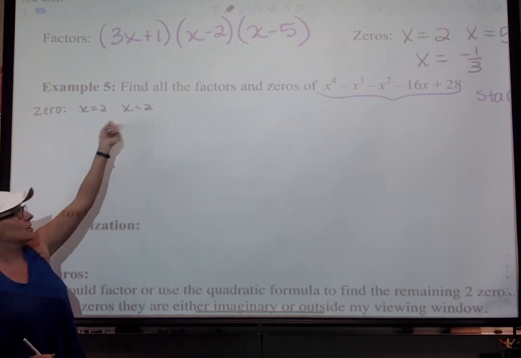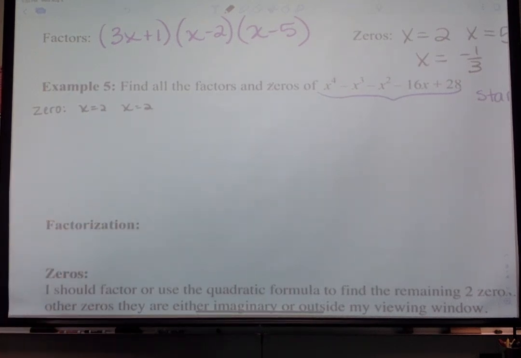So grab a 0, send it through. Grab a 0, send it through.